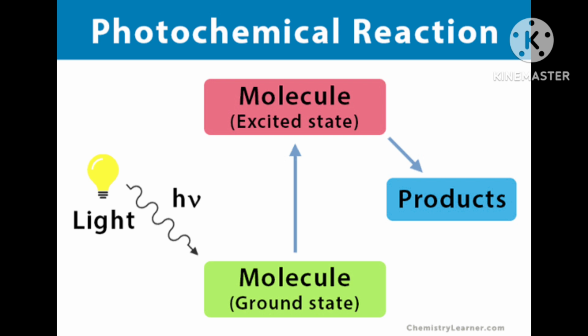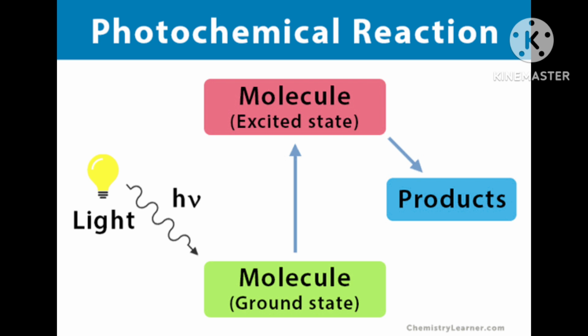rhodopsin. What is rhodopsin? R-H-O-D-O-P-S-I-N. Rhodopsin is also known as visual purple. This is a protein. It is the light-sensitive receptor protein.